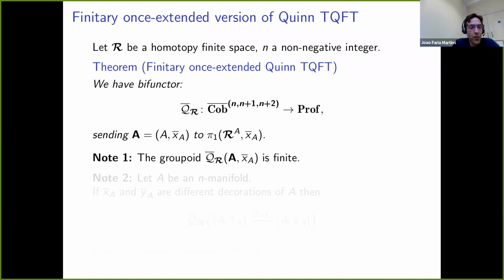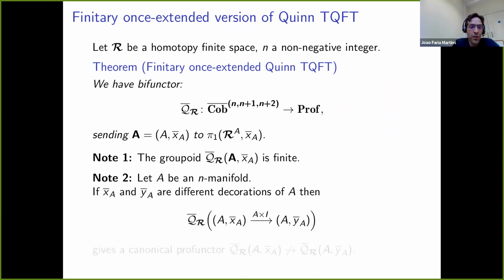Okay, and of course, if you change the decoration of the manifolds, you change the groupoids, but if you pick different decorations of the manifold, there's a canonical profunctor connecting them, and this satisfies all properties you want it to satisfy. So this is a natural way to pass from the groupoid associated to a decoration to the groupoid associated to another decoration.